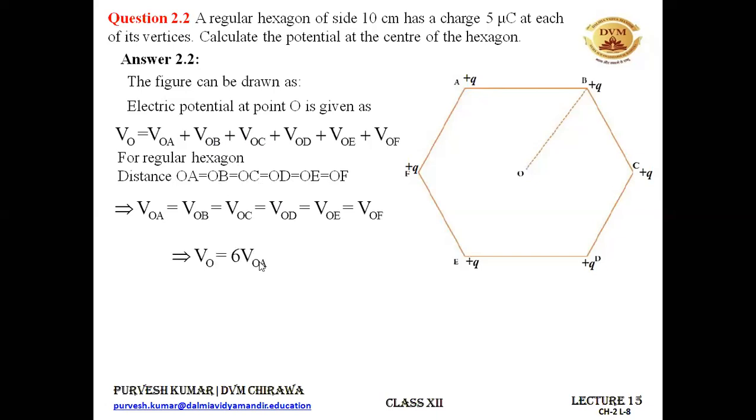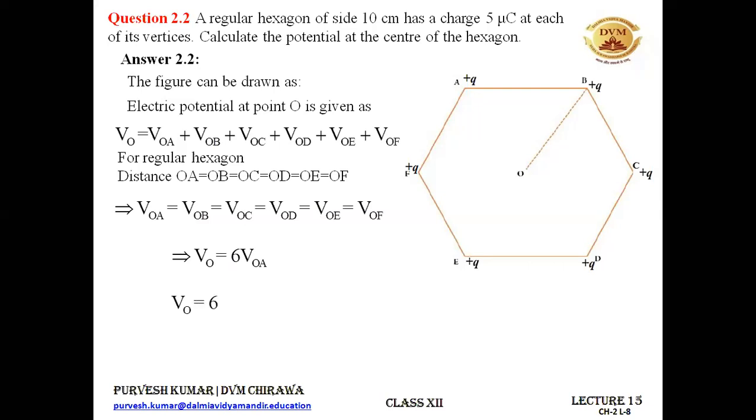So we can write it like this, that the electrostatic potential at point O, that is equal to 6 times the electrostatic potential because of charge A at point O. So you can easily write this. So just we need to find the electrostatic potential at point O because of one charge, and then we can multiply it 6 times.